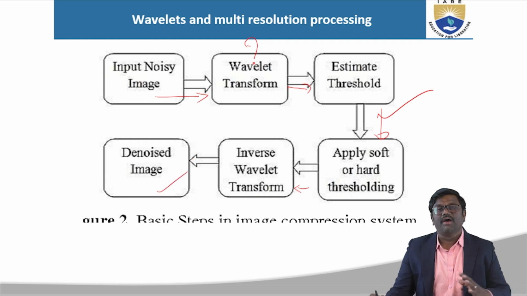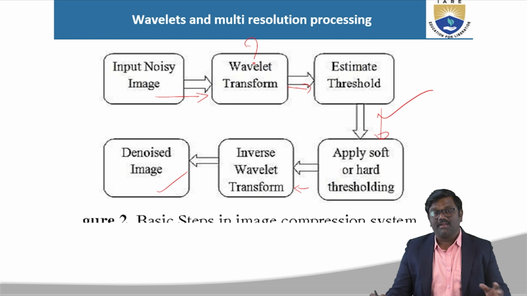By using this wavelet transform, we concentrate not only on removing the noise, but also on finding out how much noise there is in the image, so that it can be separated.